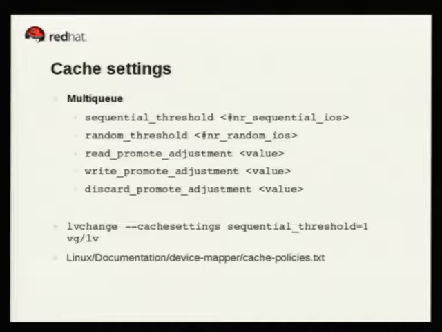And then we have the settings for the multi-queue policy. I'm not going into the details. I think the kernel documentation is not optimal, but it's going to be improved. There you can read more information about which field does what.